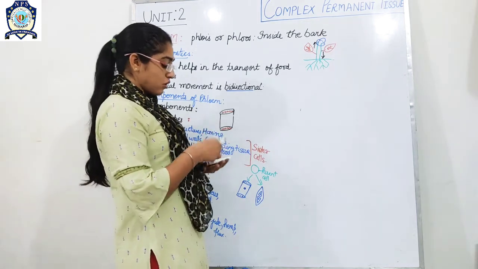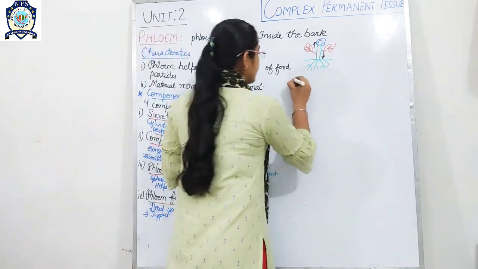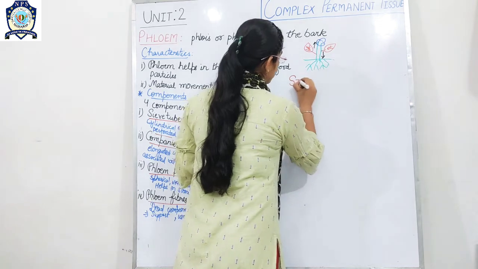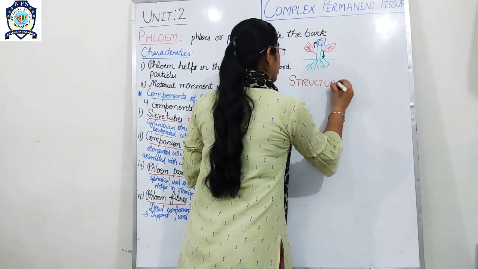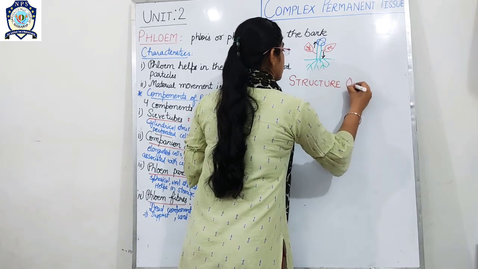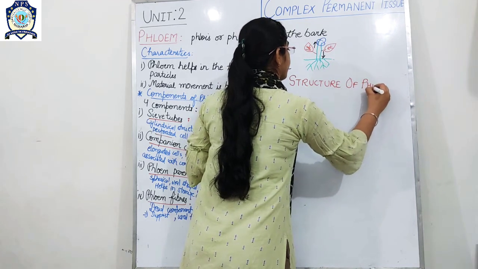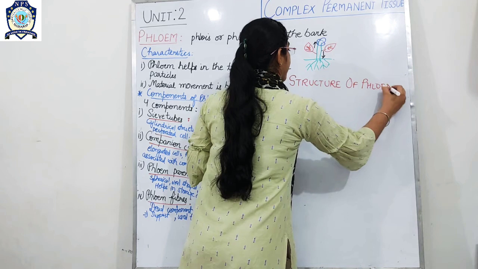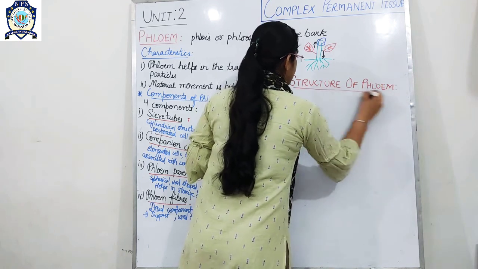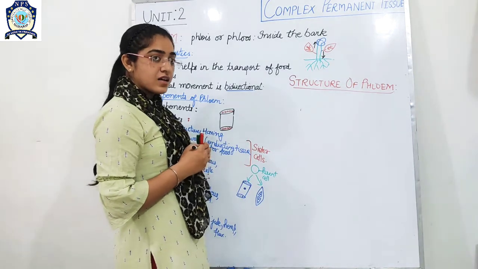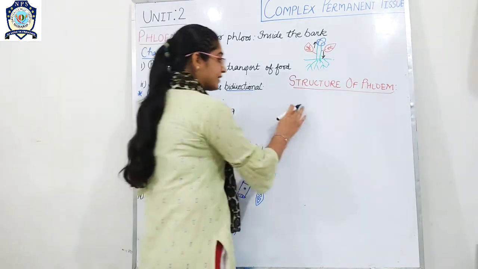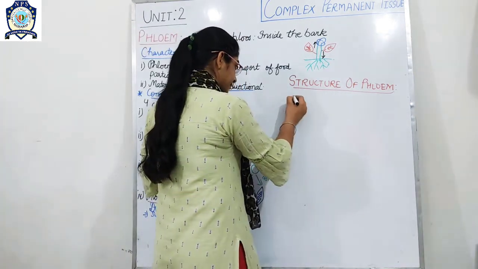So as I told you, your next heading is the structure. Structure of the phloem. So as I told you, the first component is the sieve tube and it is cylindrical.